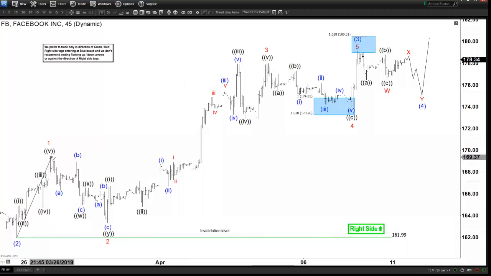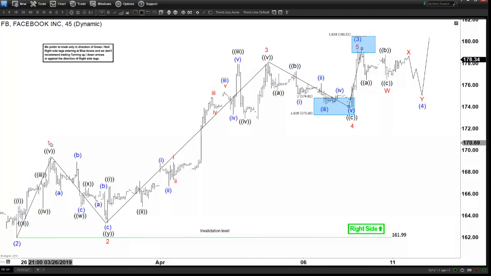You can see 1, 2, 3, 4, 5, right? A nice 5-wave structure here. You can see each sub-wave of the 1, 3, and 5 is subdivided into an impulse of the lesser degree.